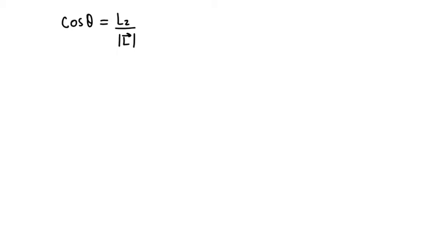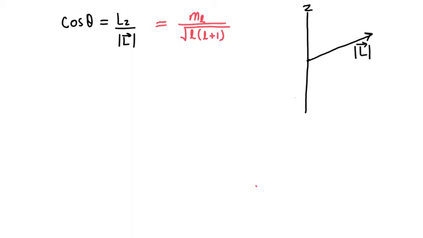Now what is this angle theta? If this is the z-axis and you have a vector of magnitude L given by that formula, then this is the angle theta that it makes with the z-axis. The projection of that vector along the z-axis gives you the component of angular momentum along the z direction, that is Lz.